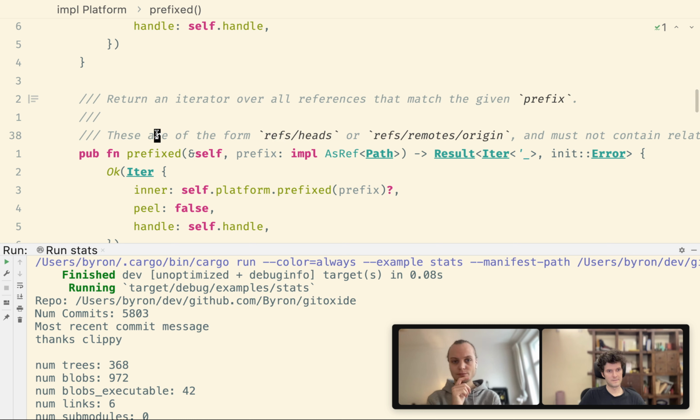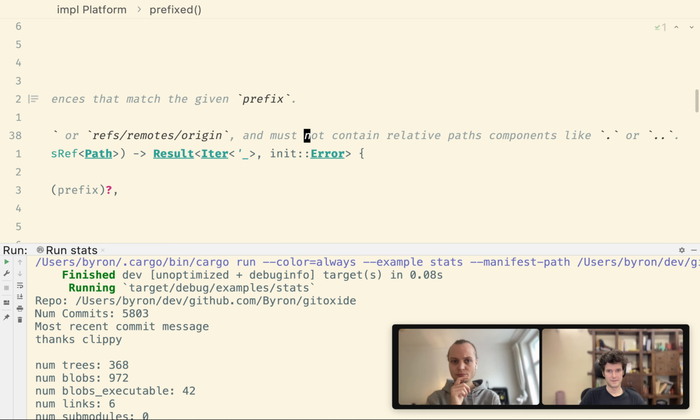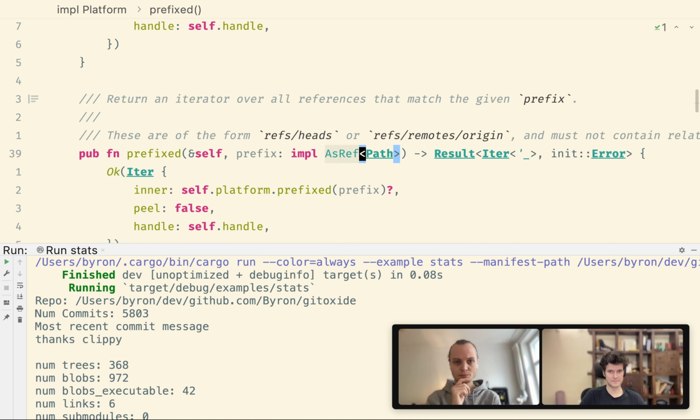So if you want branches, or refs remotes for remote branches. Yeah, maybe I don't like this here. It must not contain relative paths. Okay. So that's how you specify this.